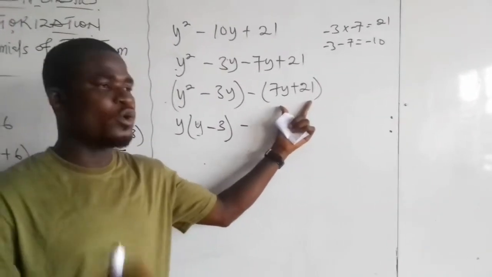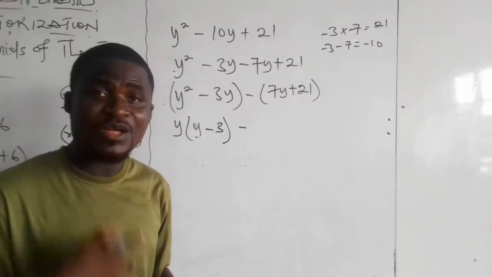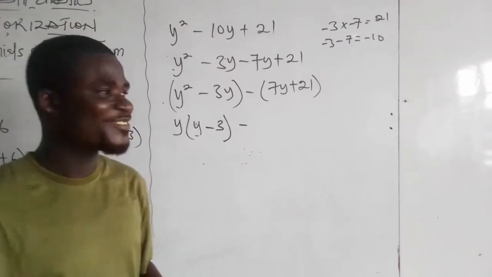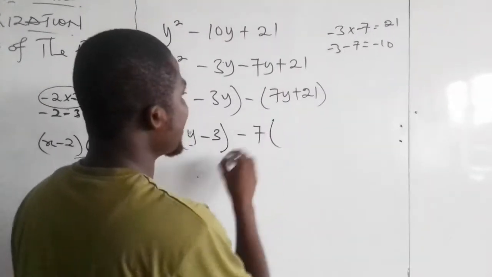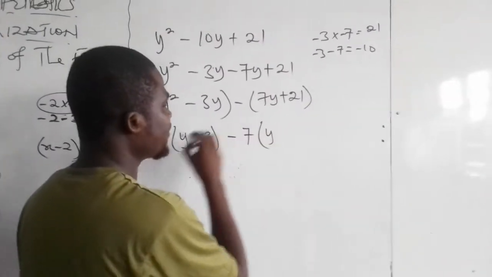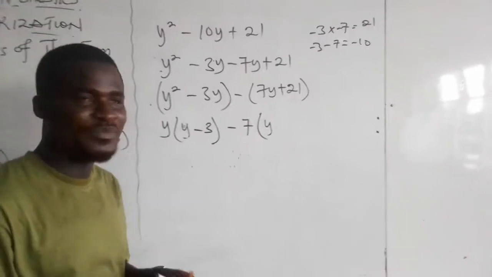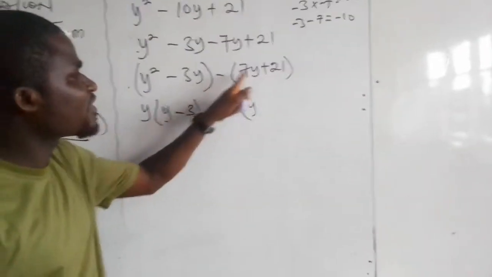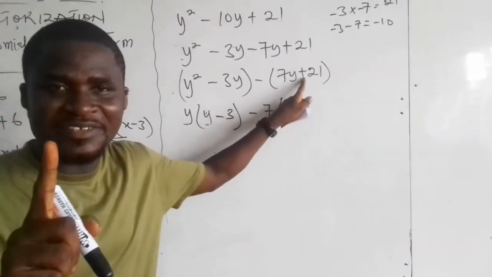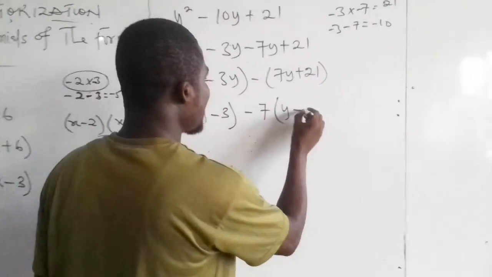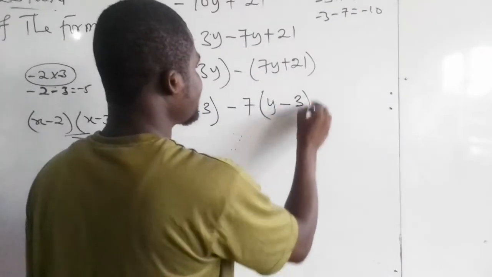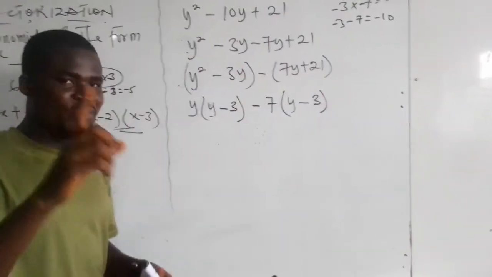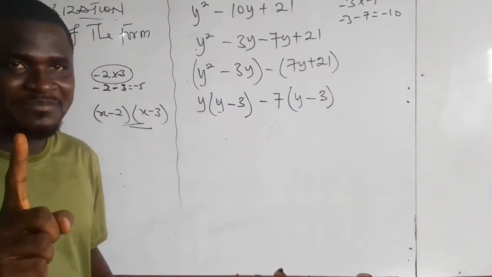It is 7 because 7 can go into itself and into 21. Good. So we are going to have 7 into bracket. What remains here? y. Now, take note here. Negative times positive will give us negative. So we are going to have minus. What will give you 21? It is 3. Good. When you factorize, the bracket should be the same.